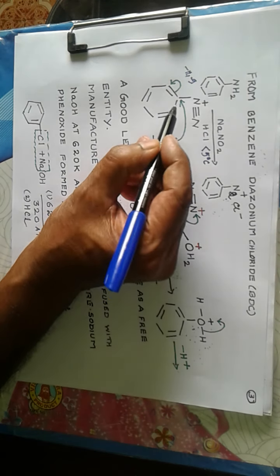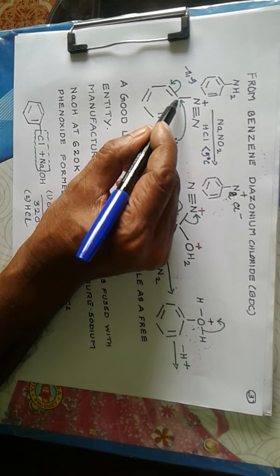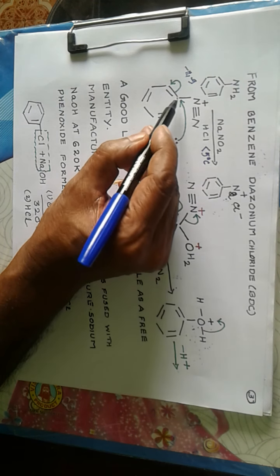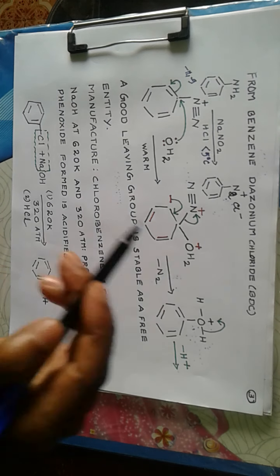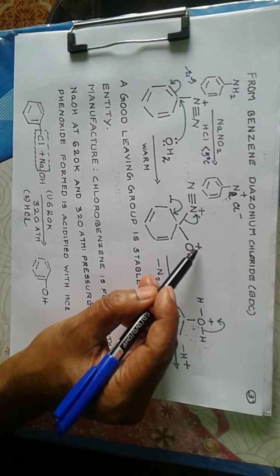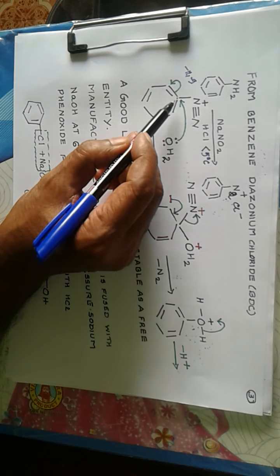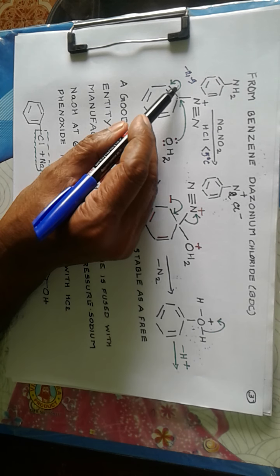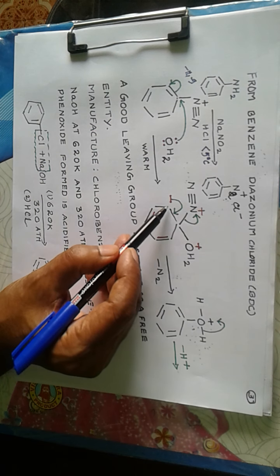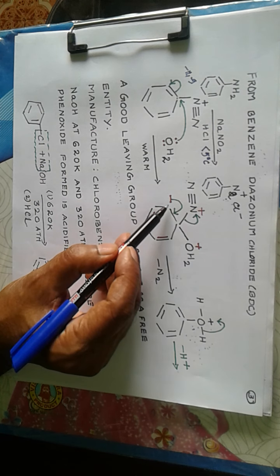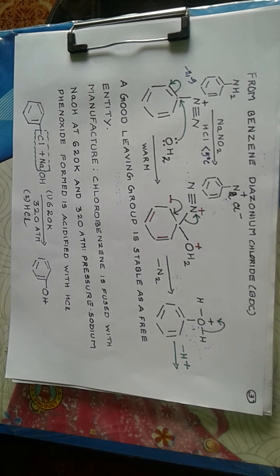Now here the nucleophilic attack occurs over carbon 1, that is the alpha carbon, meaning the carbon connected to N2 positive. So that oxygen possesses a positive charge, and to maintain the valency, the pi bond here polarizes in this direction, so that the ortho position is made negative and the lone pair is there.